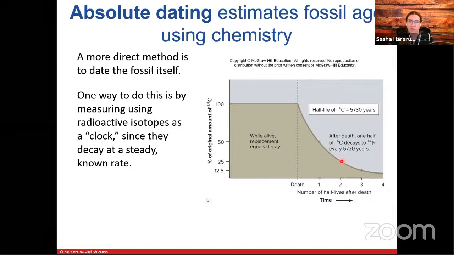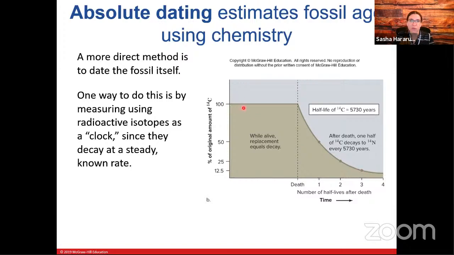After 2 half-lives, or 11,460 years, 25% of the original C14 is going to remain in this fossilized fish. After 3 half-lives, which is 5,730 years multiplied by 3, 12.5% of the original carbon content will remain in this fossilized fish.